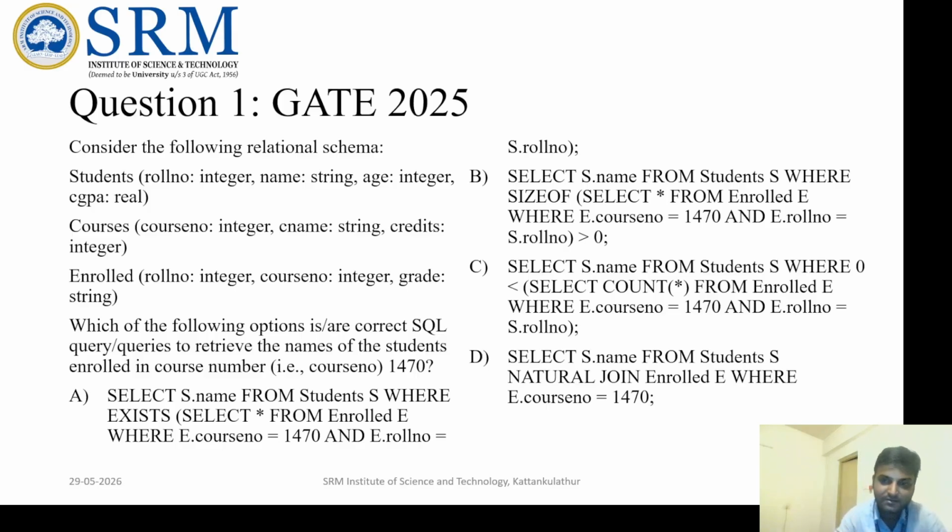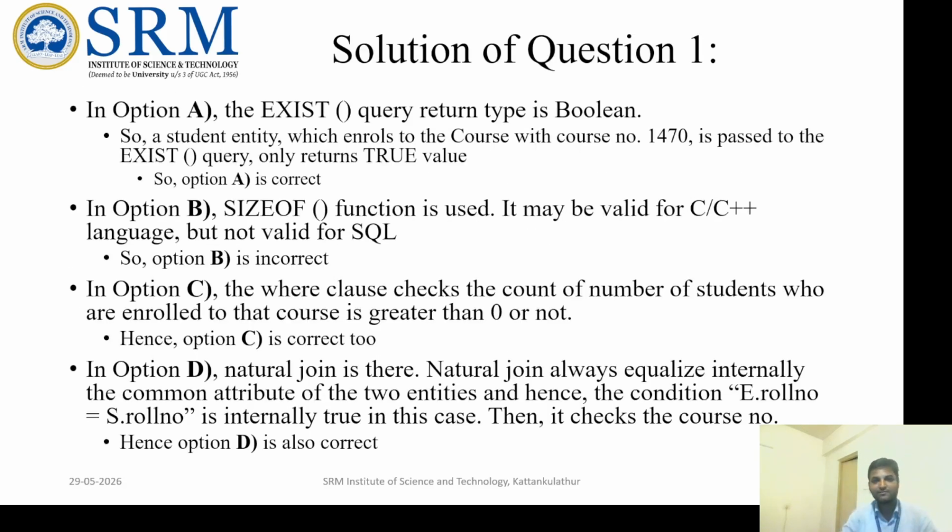The condition E.roll number equals S.roll number is the join condition, and the other is the constant 1470 given in the question. So if the count returned is greater than 0, then obviously the student name will be printed. So as per the question's requirement, it is correct. As per the explanation also, it is correct too.